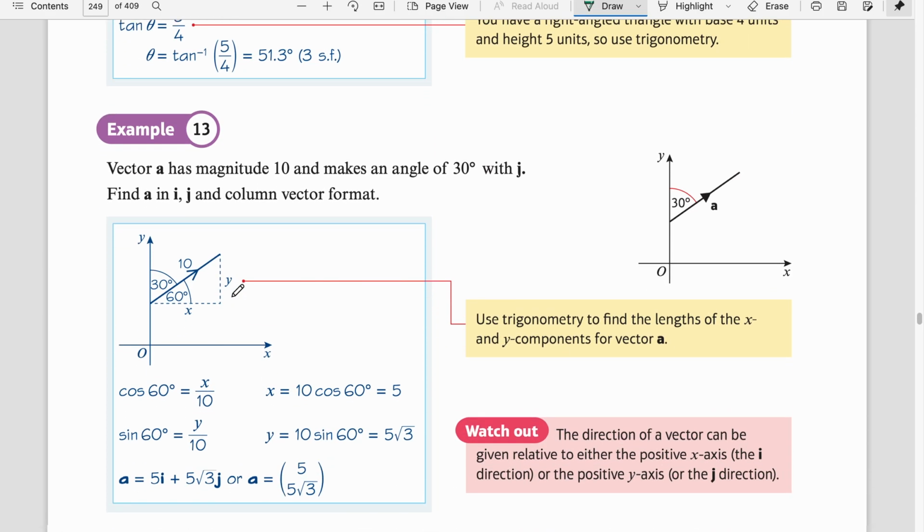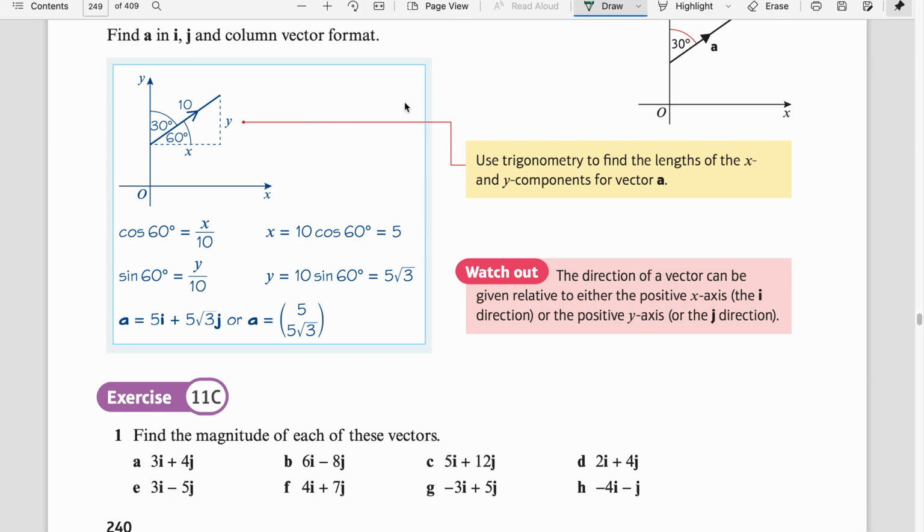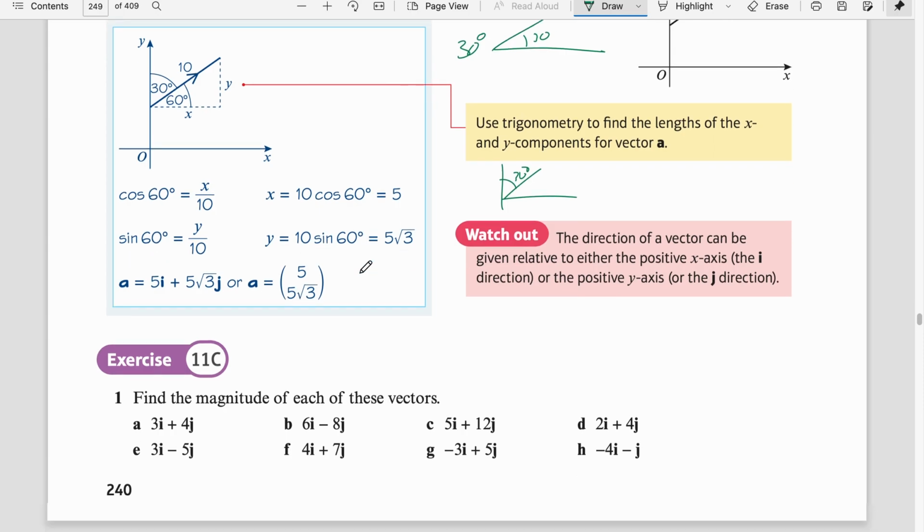You have to make it clear. Just like with 30 degrees or 60 degrees, when there's no diagram and you just say it is at 30 degrees, you have to make it clear whether it is 30 degrees with the horizontal or with the vertical. Best and easiest way is to sketch a diagram.